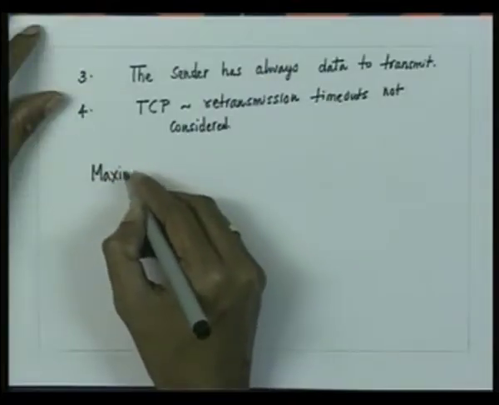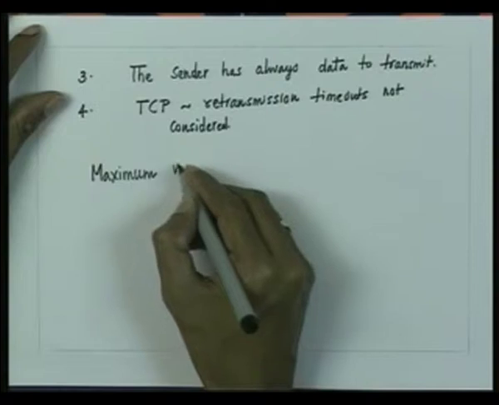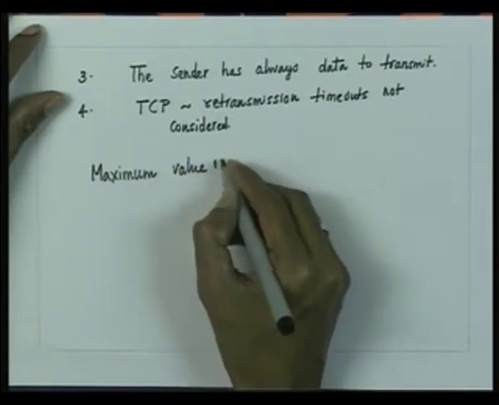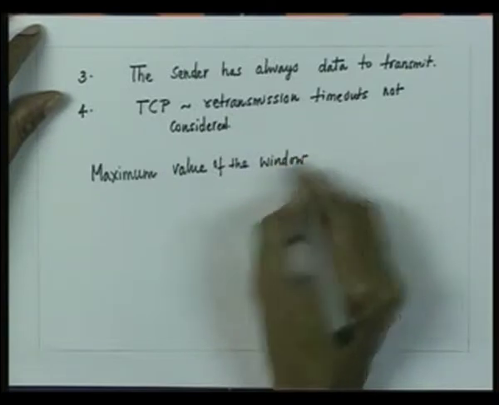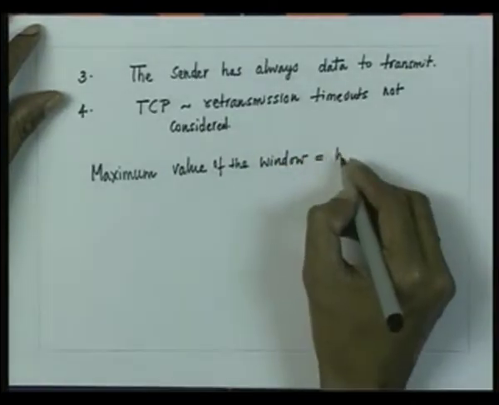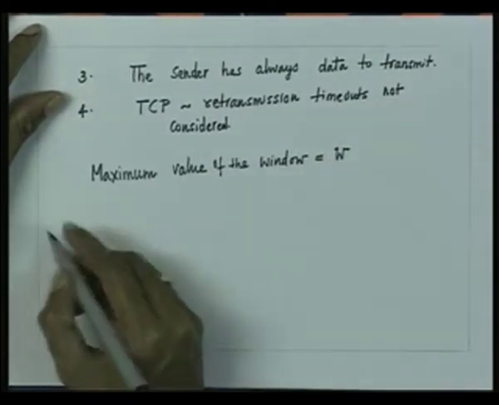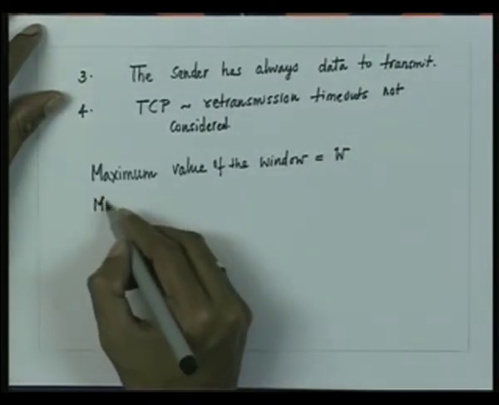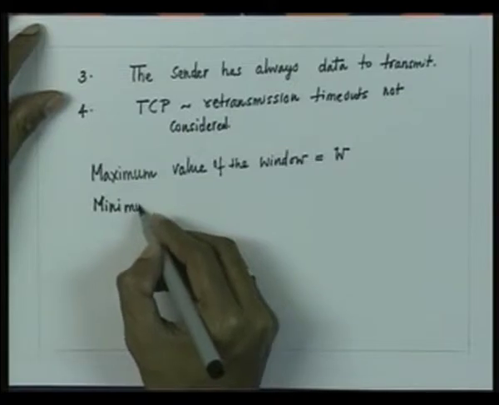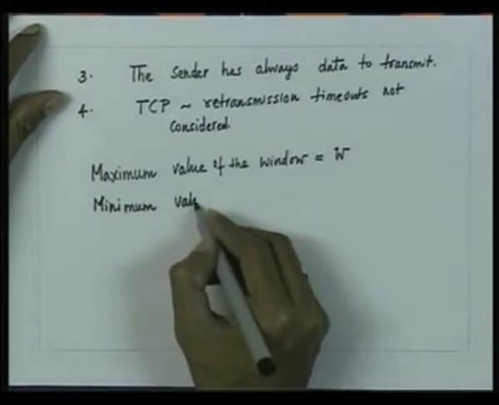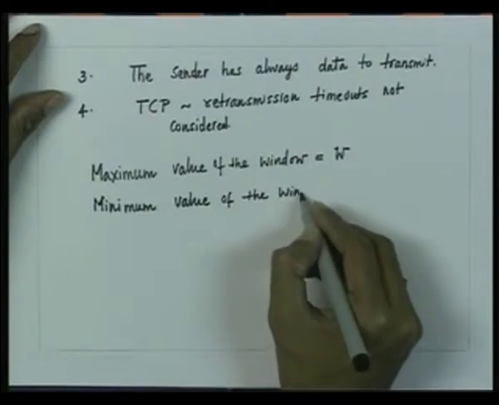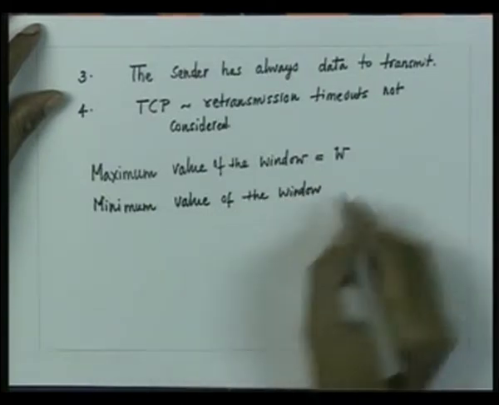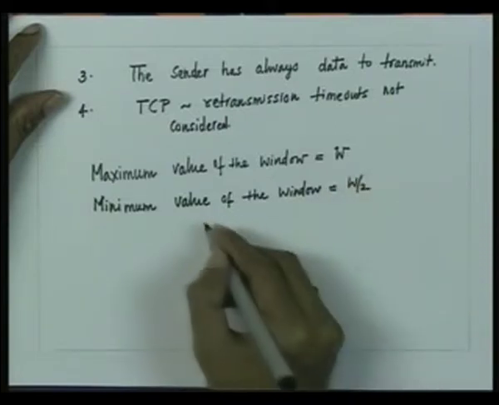So we are assuming that the maximum value of the window size is W, and the minimum value during steady state is W by 2.